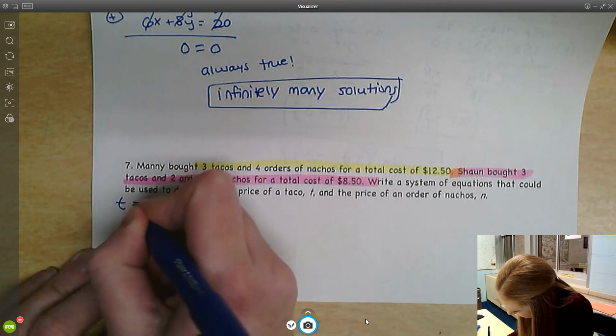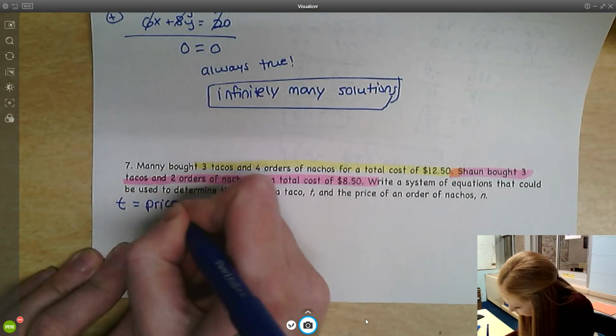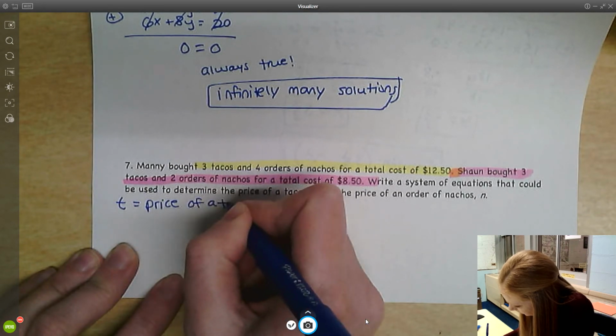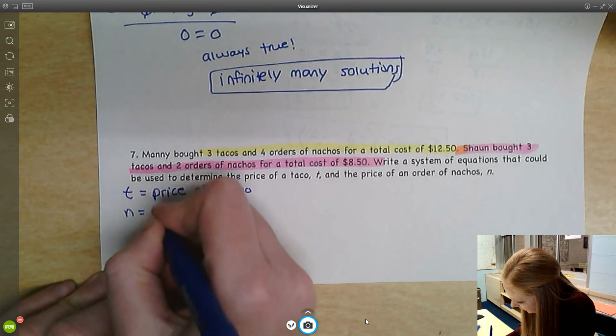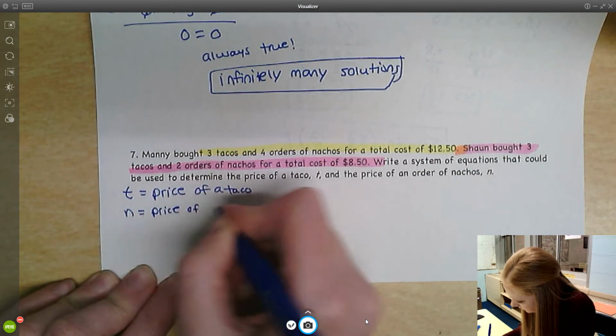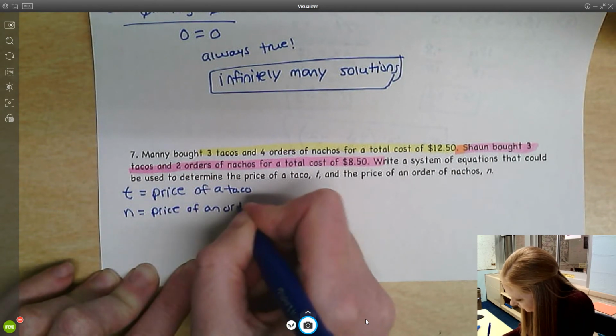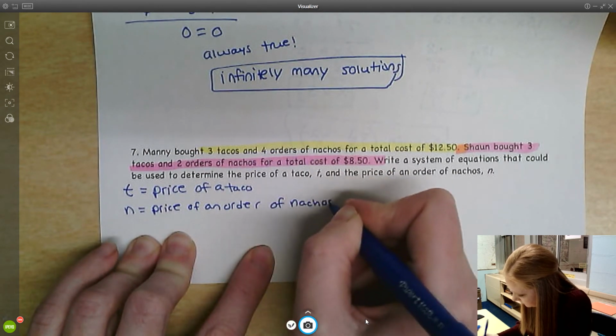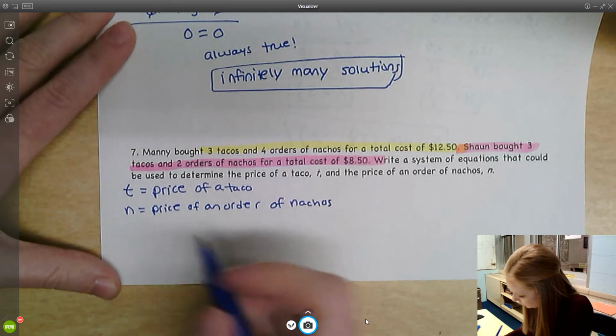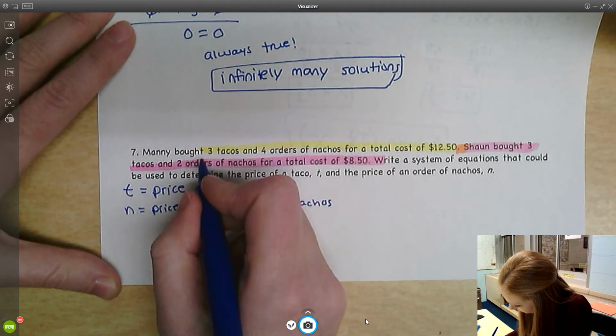So we need to figure out the price of a taco. So T can represent the price of a taco. And then N can represent the price of an order of nachos. Okay, let's make our 2 equations. Or 2 systems. Okay, our system.